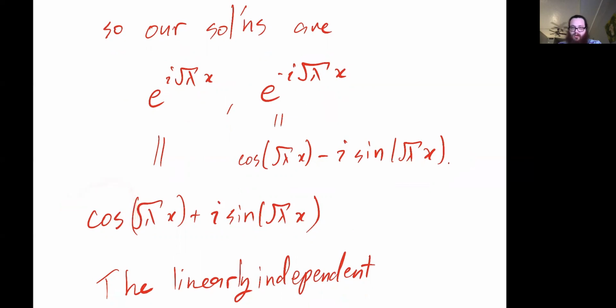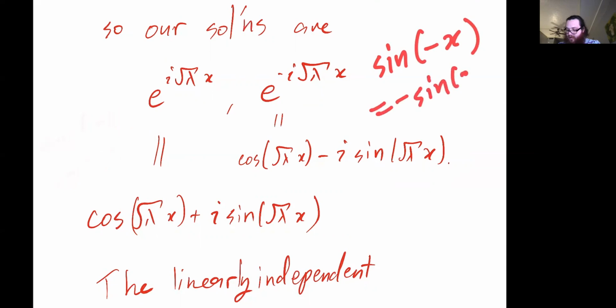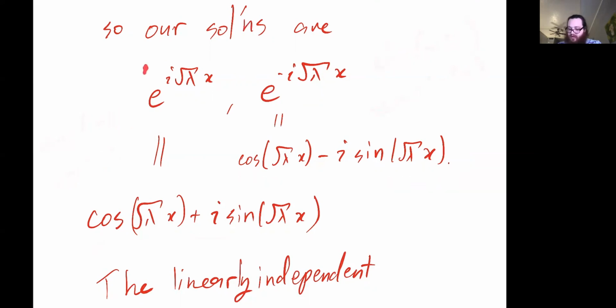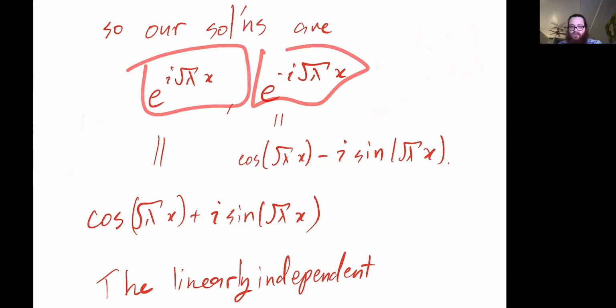Cosine of minus x is equal to cosine of x. Likewise, sine of minus x is equal to minus sine of x. So we have these equivalent forms for these complex exponentials.